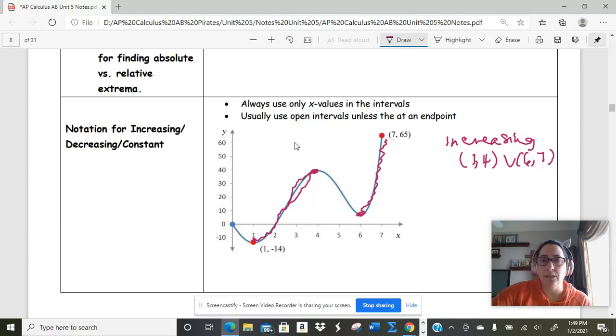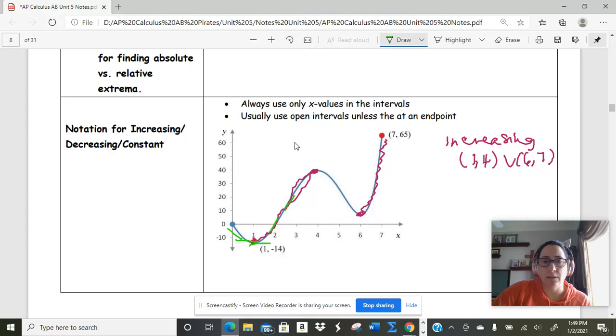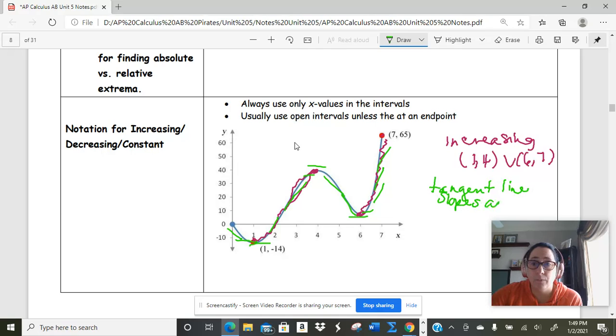So what do we notice about the tangent lines, of all the tangent lines of what's going on? Okay, so when we are increasing, the tangent line slopes are positive, aka that's where f prime is greater than 0.